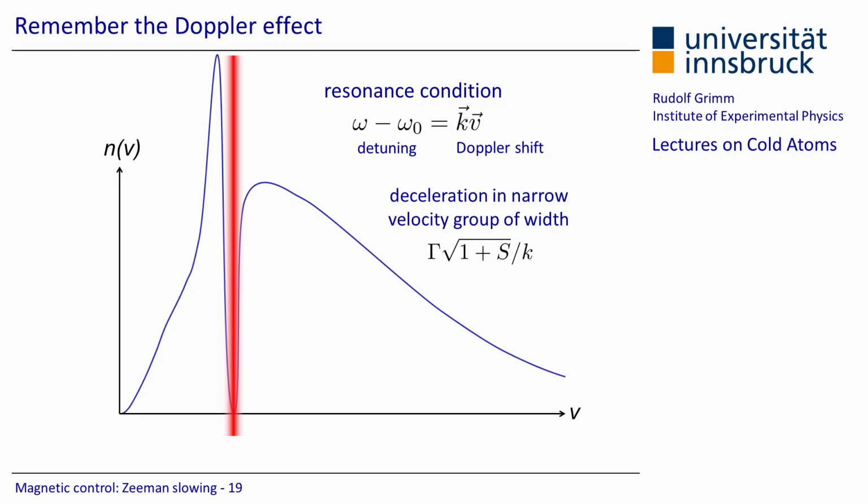The resonance condition is that the laser detuning from the atomic line, omega minus omega naught, should be equal to the Doppler shift kV. Then you have the resonance condition where the hole is burnt. So as I said, deceleration just takes place in a narrow velocity group of the saturation broadened natural line width.